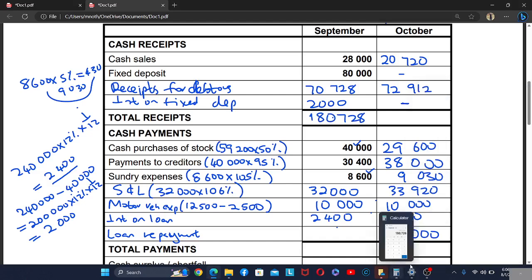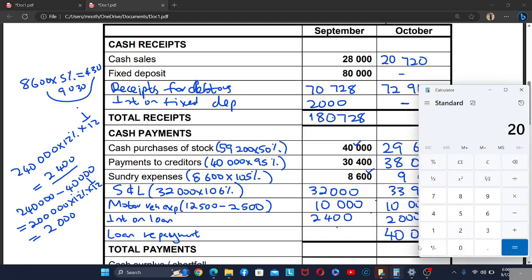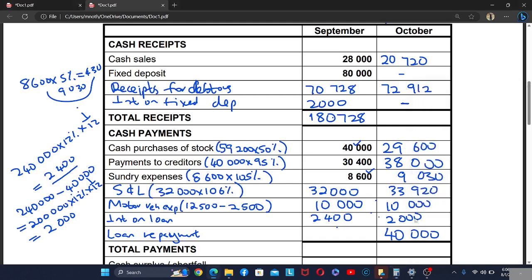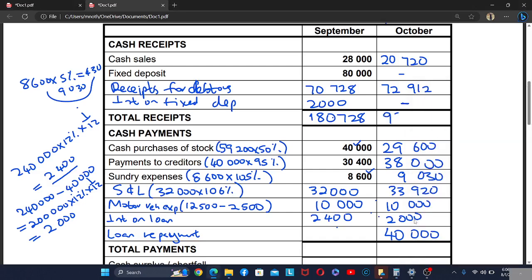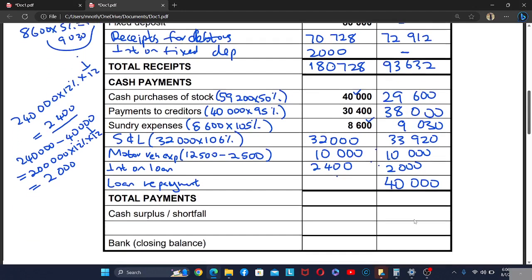And then for October, 20,720 plus 72,912, which is going to be 93,632.